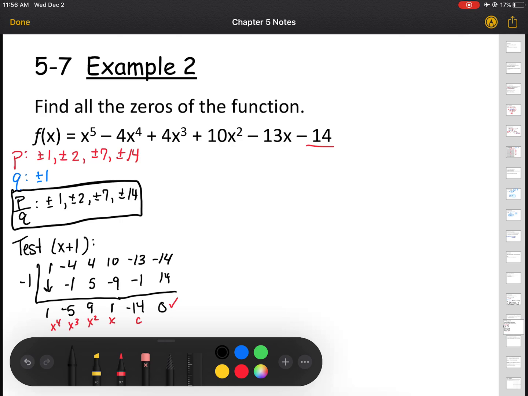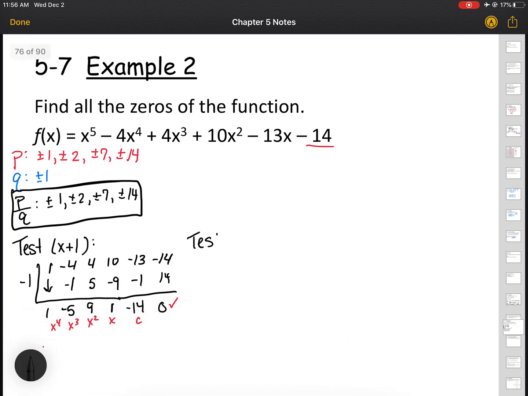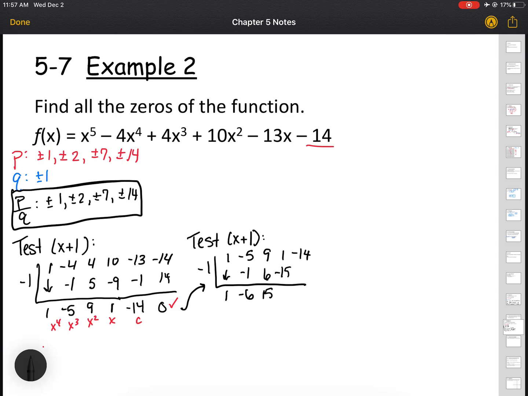If I do my p's and q's there again, I'll notice that I can have plus or minus 1 as another solution. So I'm going to test out x plus 1 again on this new polynomial. So -1 here, I'm going to flip the sign, and coming from up here, I have 1, -5, 9, 1, and -14. Again, I'm going to drop down that 1 and multiply. 9 and 6 make 15, and then that's a -14, which makes positive 14, which makes 0.